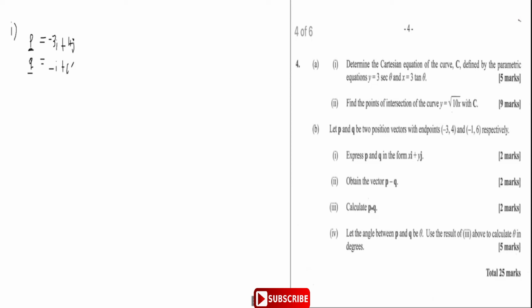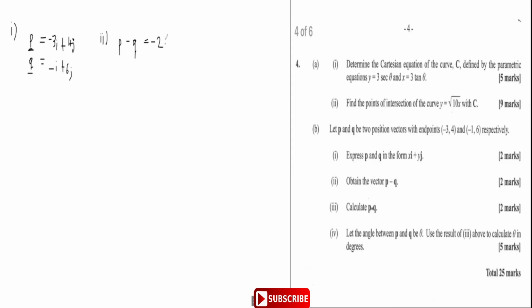They say obtain vector P minus Q. Vector P minus vector Q is going to be minus 3 minus minus 1, which is minus 2, so minus 2i. I put it in a calculator because I don't like to make mistakes.